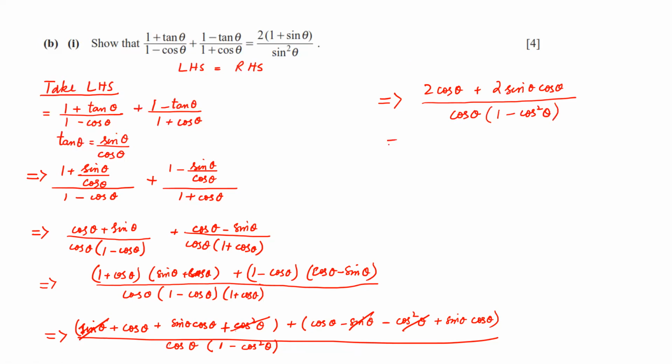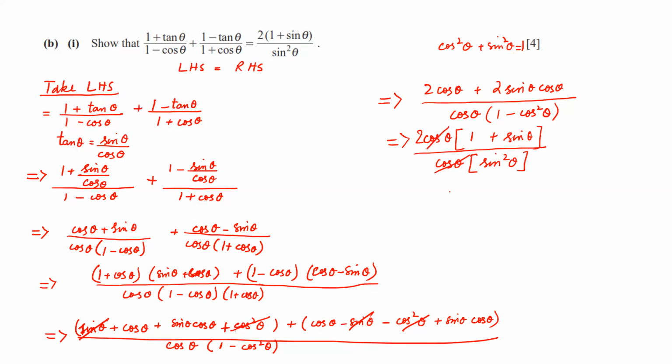Okay. So if we take 2 cos theta common, we get (1 plus sine theta). And remember, from the identities given, cos square theta plus sine square theta is equal to 1. So this means that 1 minus cos square theta is equal to sine square theta.